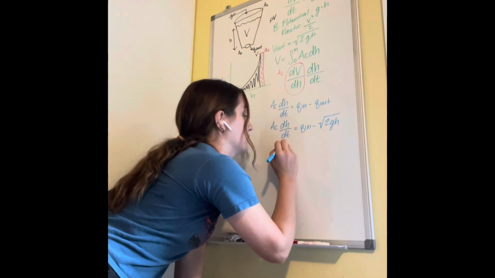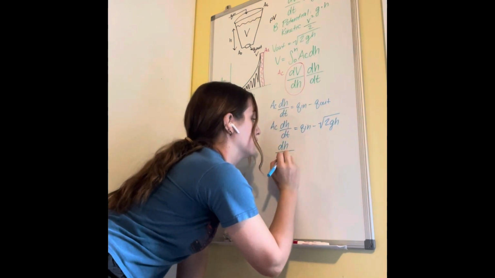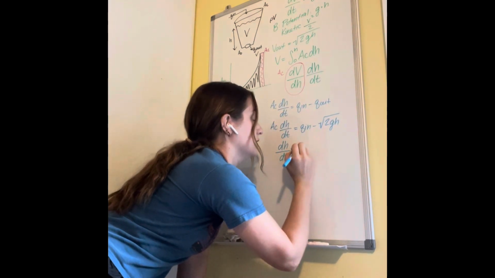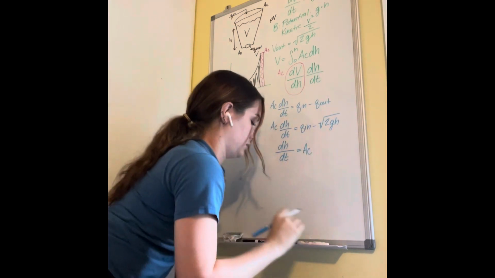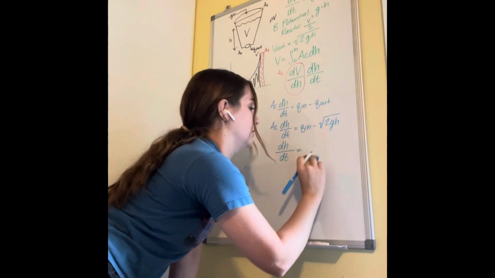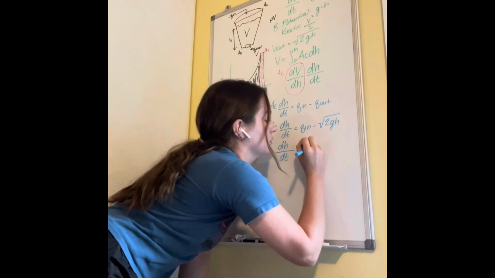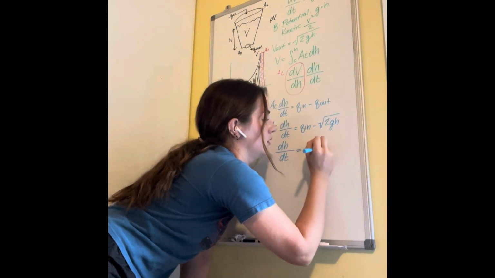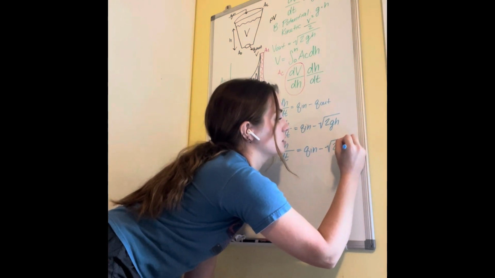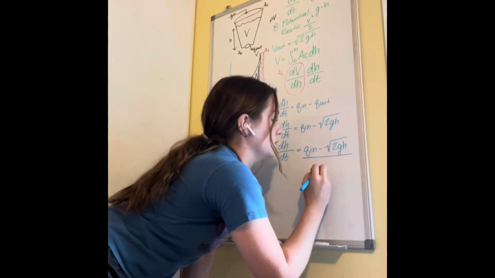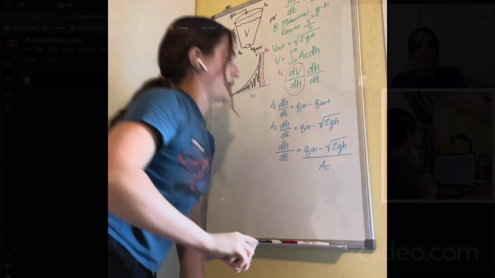So dH over dt is equal to our Q in minus the square root of 2GH, and then all of this will be divided by our cross-sectional area.